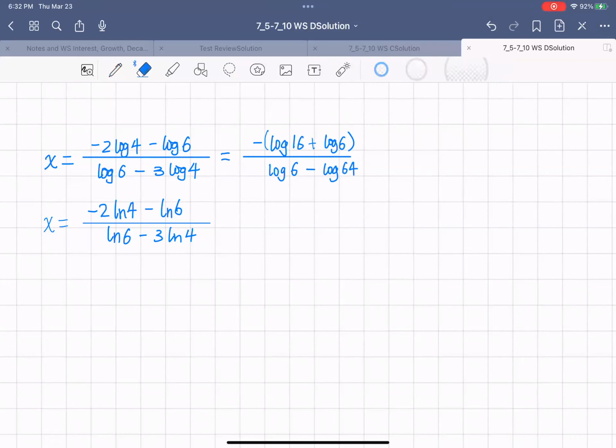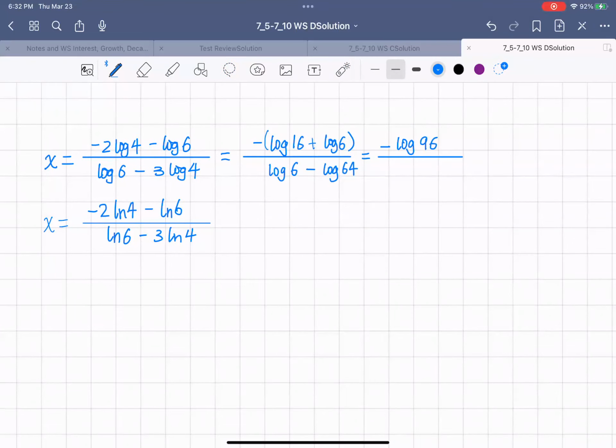After that, what is this? Log 16 times 6. Yes, exactly. So this is negative log of 16 times 6, which is 96.